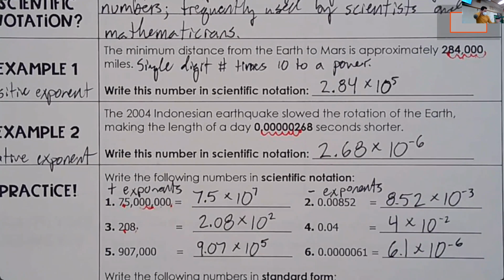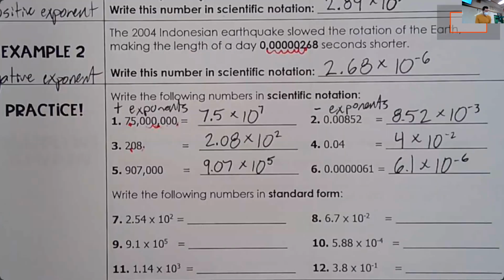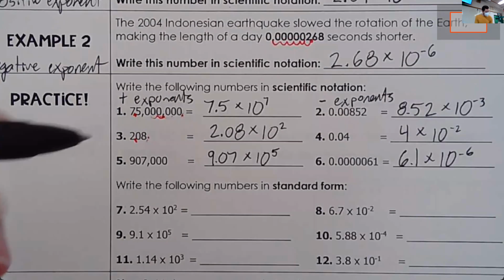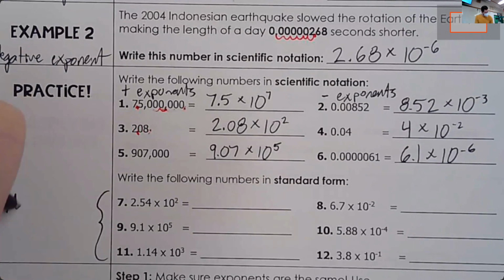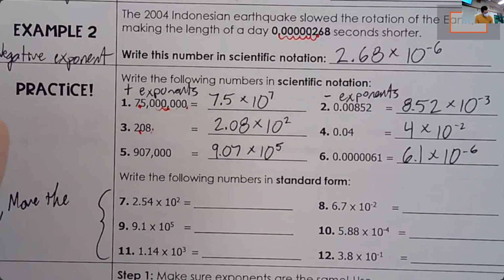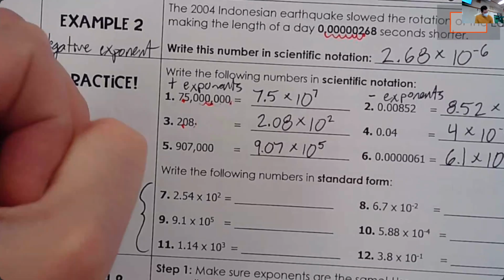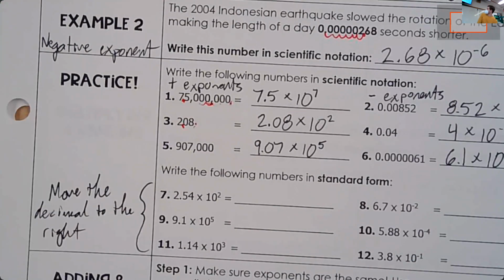Now, you can use a calculator for this if you want to, but you can also just do the opposite of what we did in terms of moving the decimal places to make this happen. So if you have a positive exponent, you are going to move the decimal to the right for those ones there.